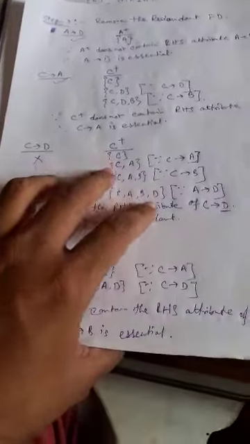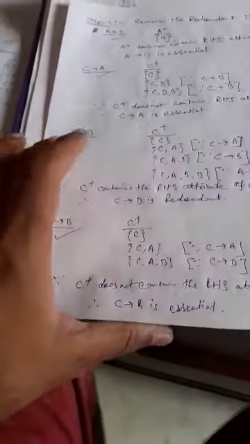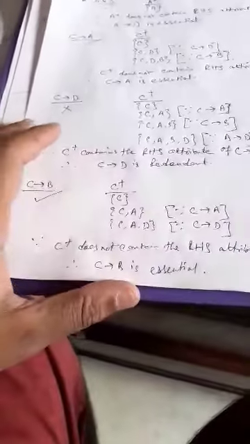Now for C arrow D, we calculate the closure of C, and in this case C closure contains the right hand side attribute D of the functional dependency C arrow D. So C arrow D is redundant, and we discard this functional dependency from the set. Now for C arrow B, again we calculate the C closure, and in this C closure B is not there, so C arrow B is essential.